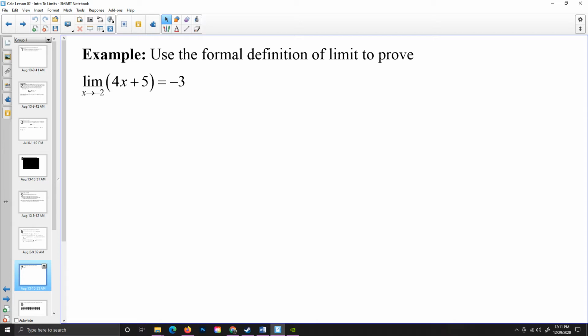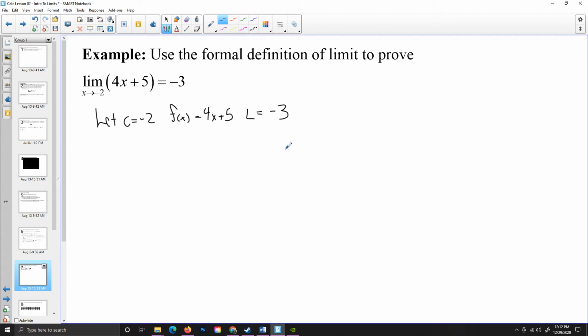First, we want to use the formal definition of limit to prove the limit as x goes to -2 of 4x plus 5 is equal to -3. And so what we'll do is we will let c equal to -2. We will let f of x equal to 4x plus 5. And we will let L equal to -3.